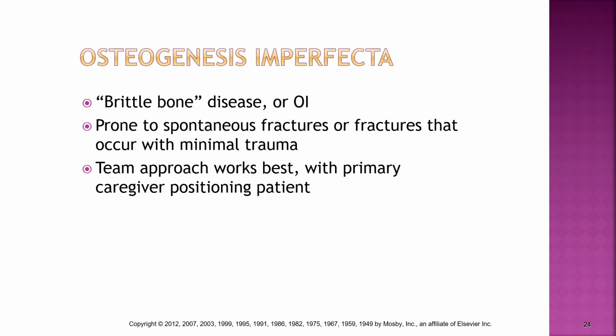So the reason this is just sad, the reason osteogenesis imperfecta is in the pediatric chapter is because these folks do not have a long lifespan. It is very rare for them to become teenagers, and adults are extremely rare with osteogenesis imperfecta. It is that debilitating a disease. The entire skeleton literally crumbles into powder at just the slightest pressure.